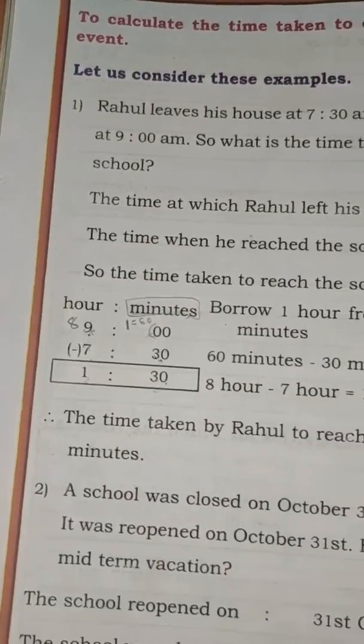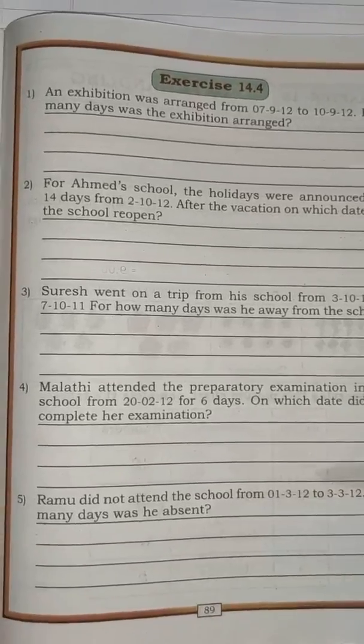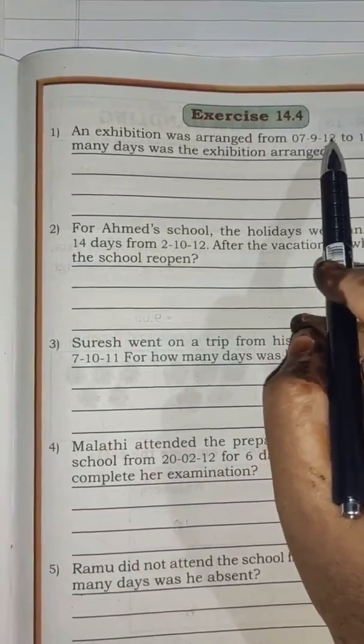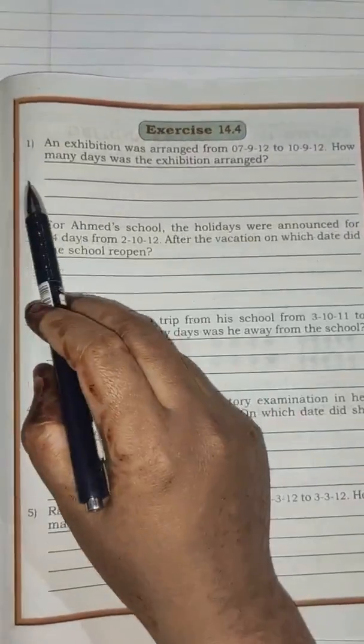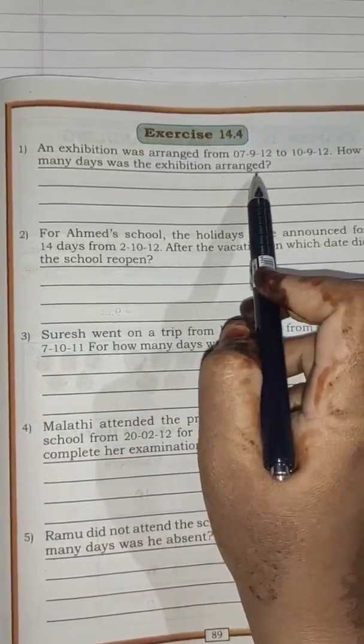Understood, children? Now come to the exercise part, which is on page number 89, exercise 14.4. An exhibition was arranged from 7/9/2012 to 10/9/2012. How many days was the exhibition arranged? So here you have to calculate.